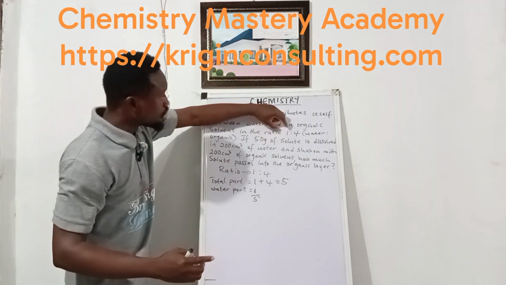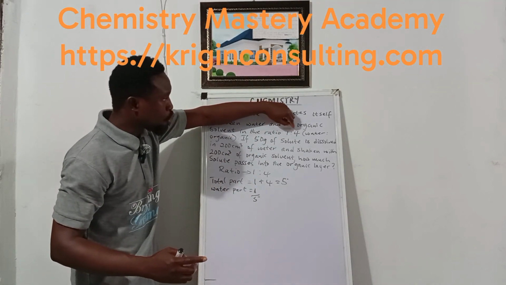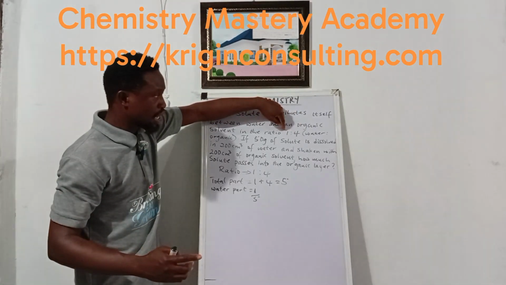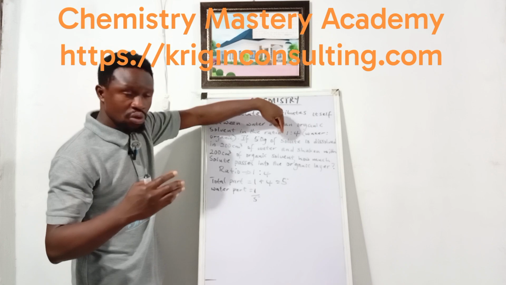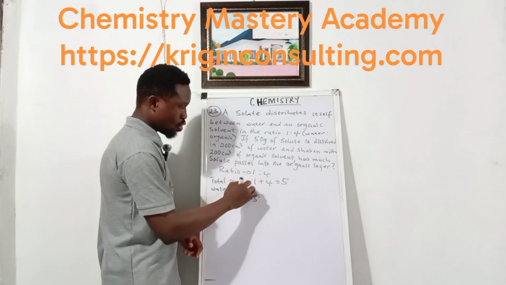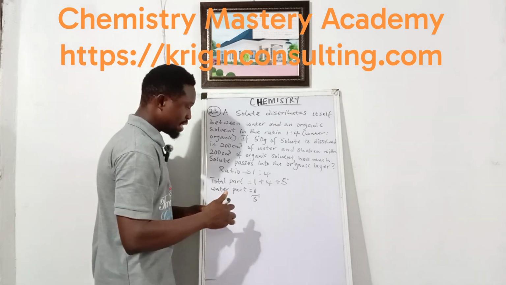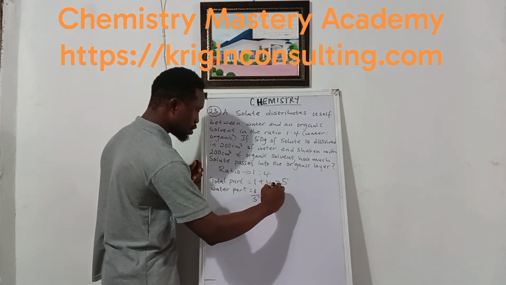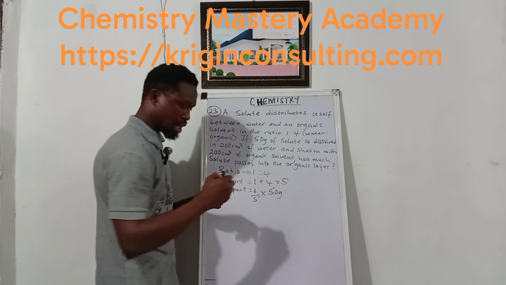So it means that if this ratio changes to 2 to 4, automatically the amount that will dissolve in water will also change. Is it not so? Good. So now the water part is 1 over the total 5 times the mass of the solute, 50 gram.